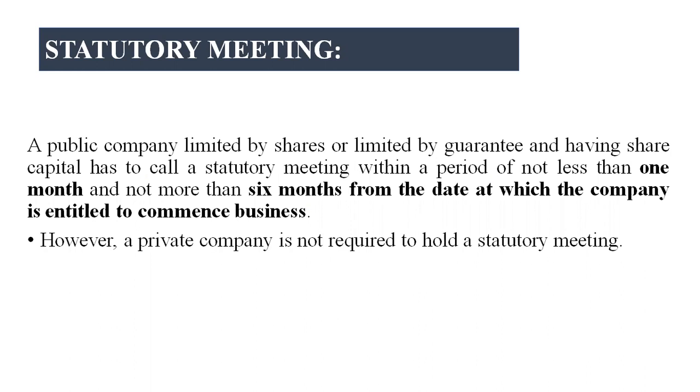So whatever date is mentioned on the certificate, from that date onwards, after the passage of 1 month till the completion of 6 months, the company has to organize a statutory meeting as per the provisions of the Companies Act 2013. Once in its lifetime, every company which is a public company limited by shares or limited by guarantee having share capital has to conduct a statutory meeting.